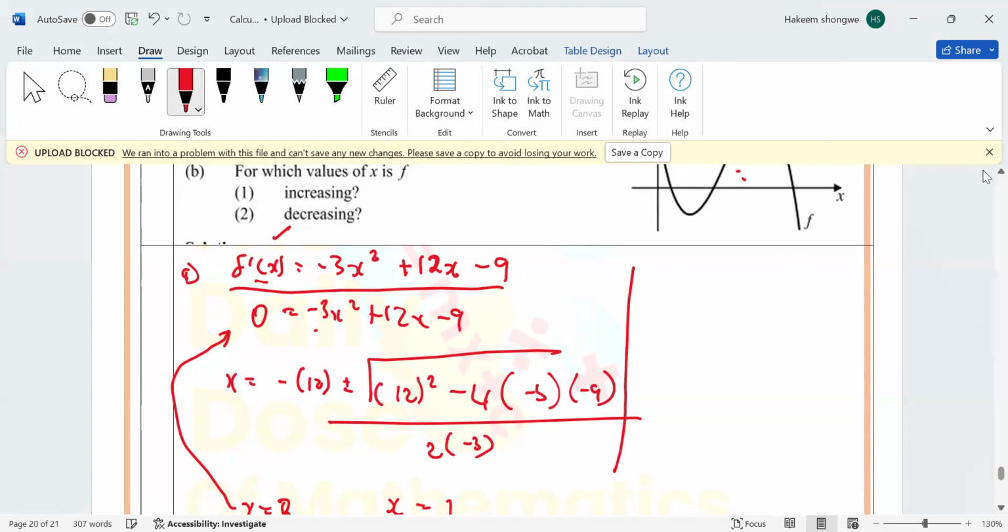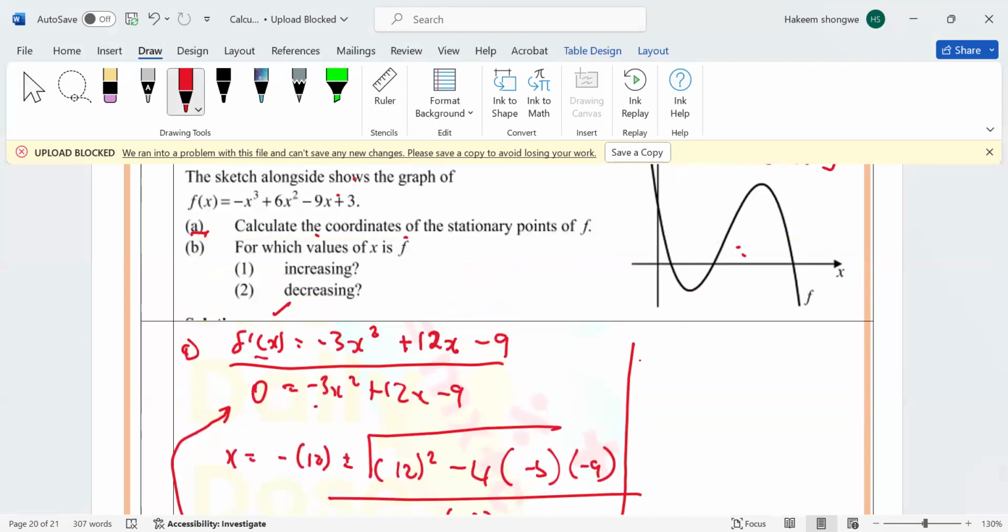So what are you going to do? You go to f of x and say, I have f of 3, which is equal to minus 3 cubed plus 6 multiplied by 3 squared minus 9 times 3 plus 3.